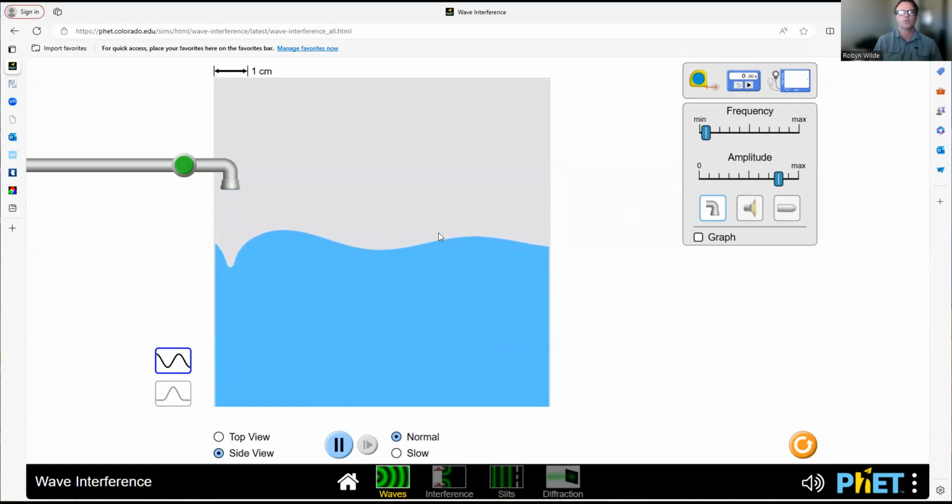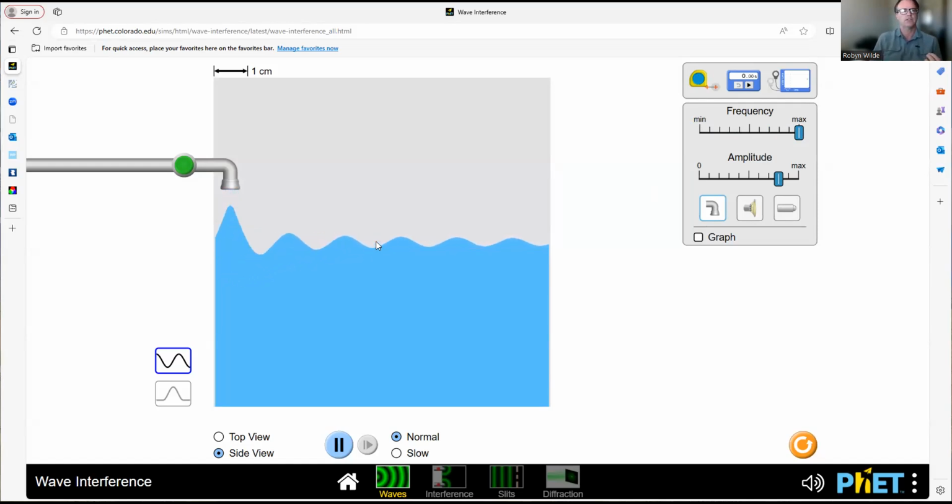The distance between the two wave crests is much bigger. So a lowered frequency means a longer wavelength, and of course, the opposite is true. If I make the frequency really high, I'm going to have a much shorter wavelength. You can see the wave crests are much closer together. This is due to our v equals f lambda equation.